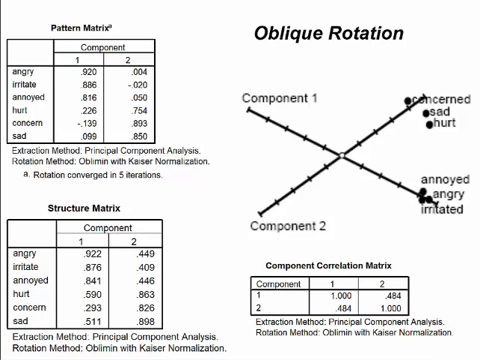Now with oblique rotation, we're both going to rotate our axes and allow those axes to correlate with each other. And when we do that, we're not forcing them to be at right angles. So note that here now I've rotated things so that component 1 is going more directly right through these hard emotion items, and component 2 is going right through these soft emotion items.